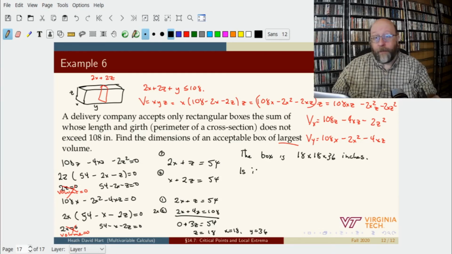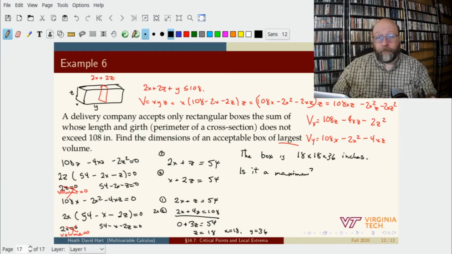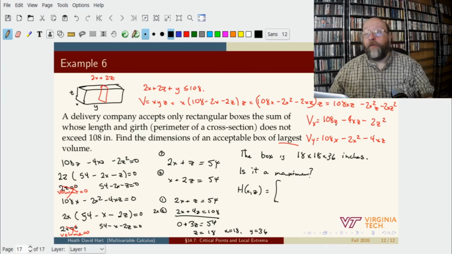Is it a maximum? Well, let's look at the second derivatives. So the Hessian in this case. The second derivative, vxx, is going to be, this goes away because there's no x in it, so this will be negative 4z.